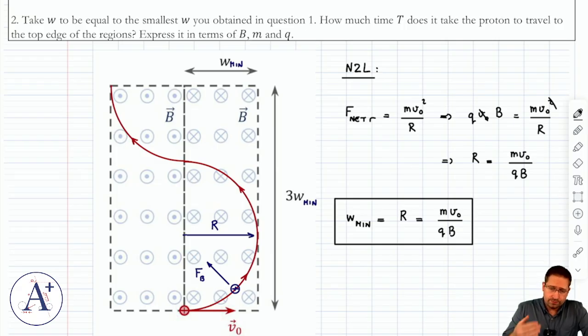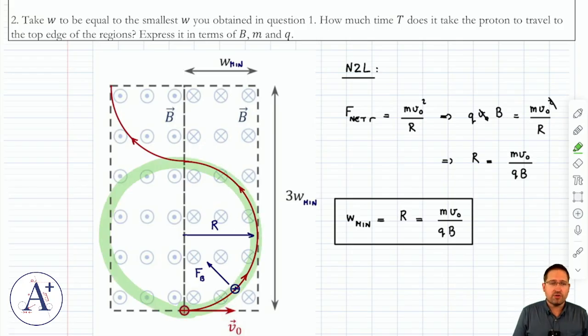However, I do know from 8A that when I have circular motion, particularly uniform circular motion, which is circular motion at constant speed, which I have because the magnetic force can't speed it up, can't slow it down, I can define the period of revolution. That is the amount of time it takes to go around one full revolution. Now, I get it that that's not exactly what's going on here.